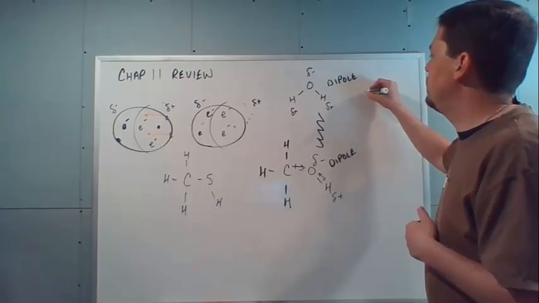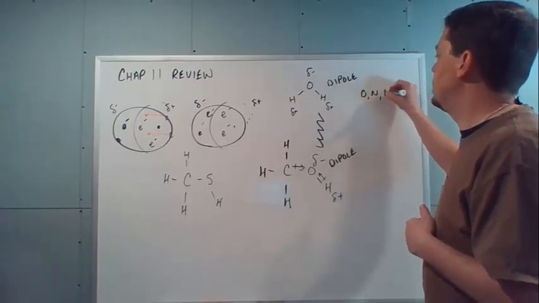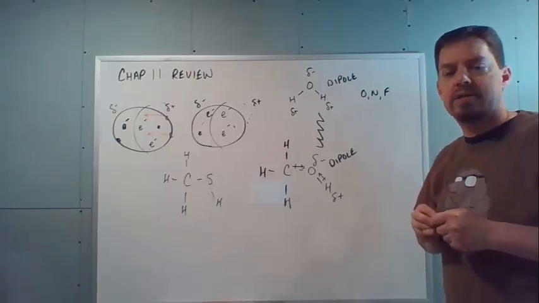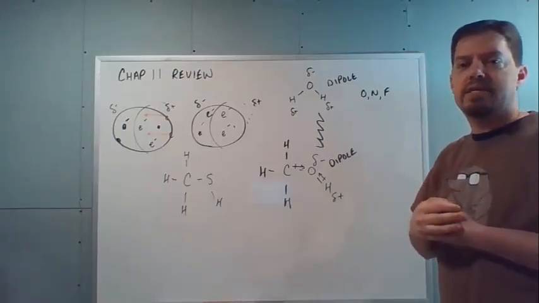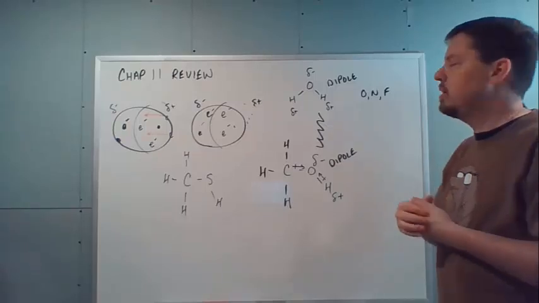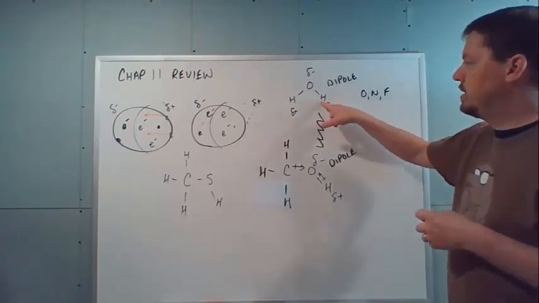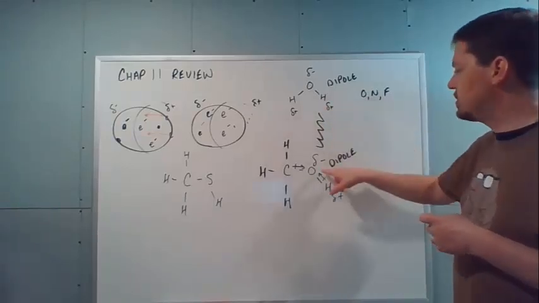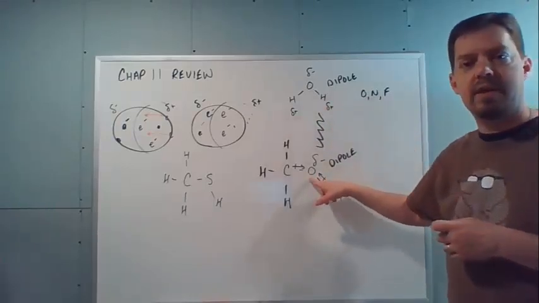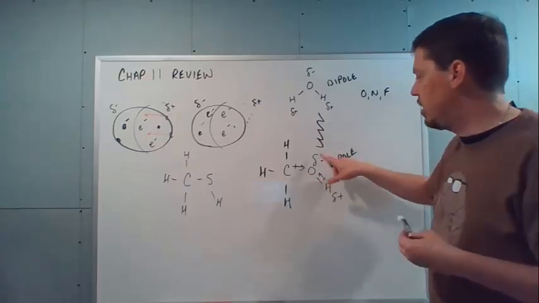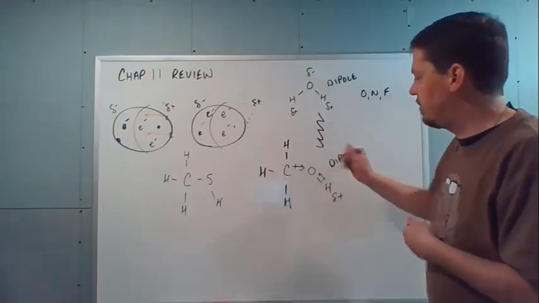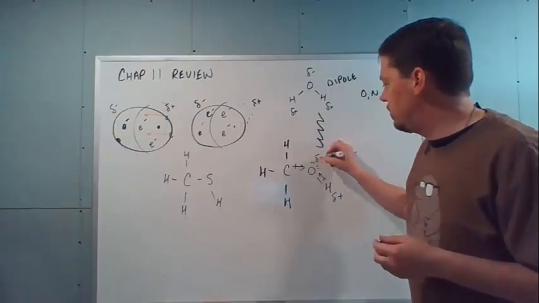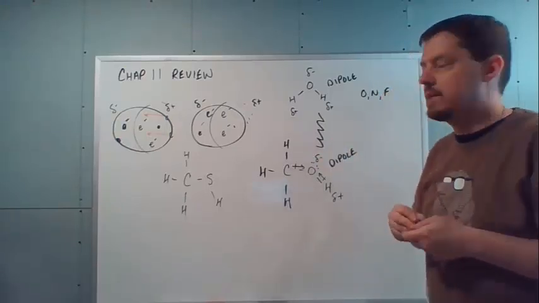So anytime you have oxygen, nitrogen, or fluorine pulling the electrons away from a hydrogen, you're going to create a situation where you can form a hydrogen bond, which is where the hydrogen that's polarized on one molecule can interact with one of those three elements that's polarized on the other molecule, or at least has that non-bonding pair of electrons out there, right? So oxygen having those two pairs of non-bonding electrons makes it even more negative on that side.